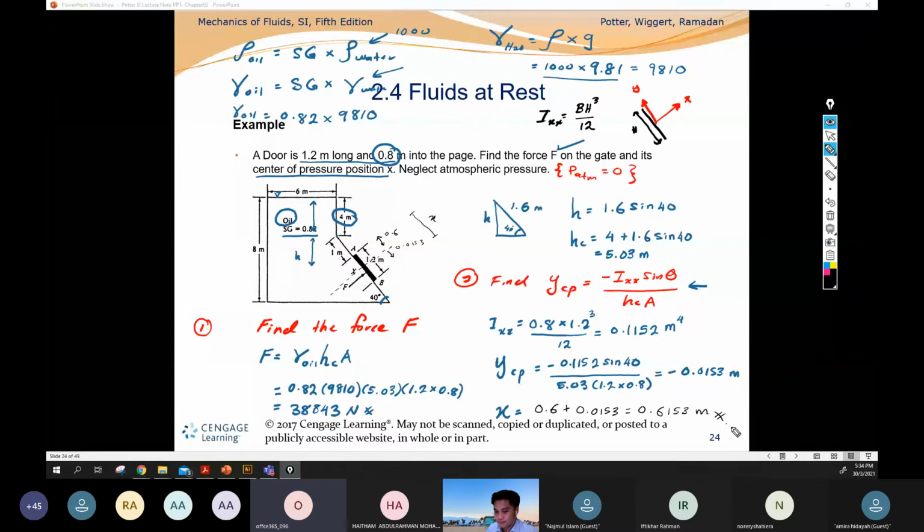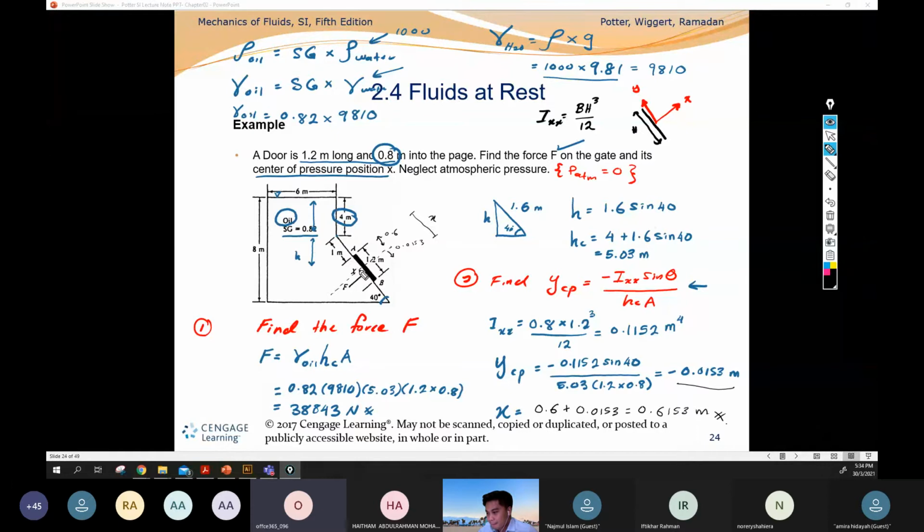Okay. So do you know how we get the YCP? Yes, I know. So you already know the value of YCP, right? What you know about YCP is a value or distance below the centroid, right? Now where is the centroid?